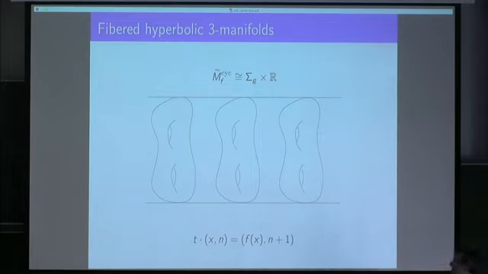It just translates the surface by 1 on the right, and it acts by the pseudo-Anosov map we fixed at the beginning. Okay, this is almost obvious. This is the action of the stable letter on this cyclic covering, and we get back, of course, our fiber manifold by taking the quotient of this cyclic covering by the action of T.